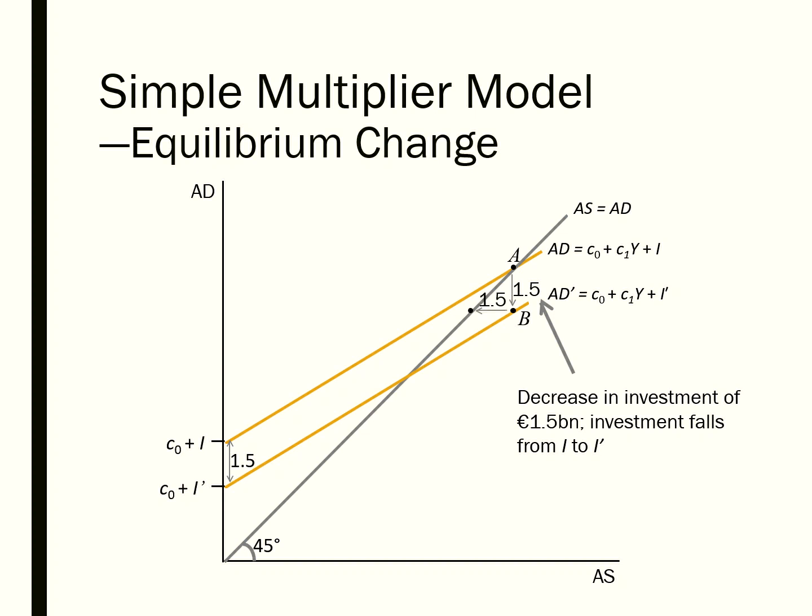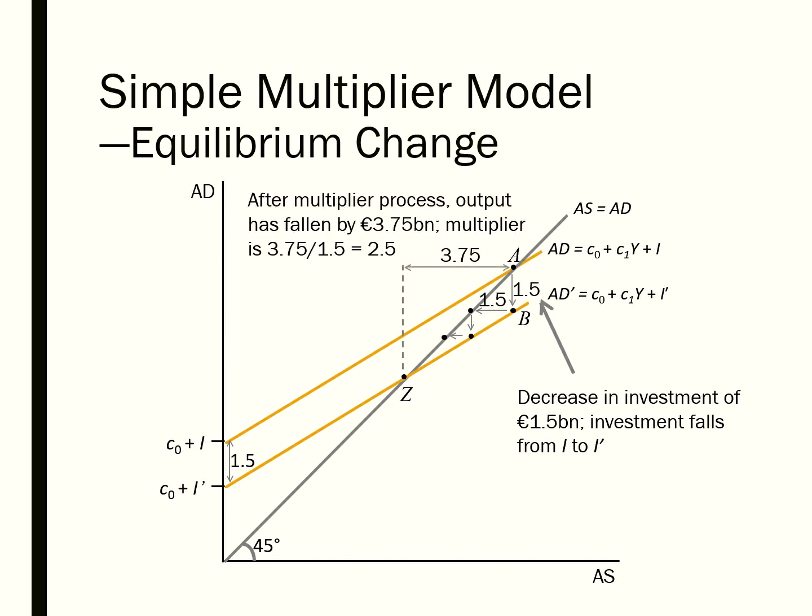This effect will pass on to the wider economy, but at a decreasing step, until the new equilibrium point Z is achieved. As you can see, the total effect on GDP is much larger than the initial drop in investment. Let's say the total drop in GDP is £3.75 billion. Then the multiplier effect is equal to 3.75 divided by 1.5 equals 2.5.